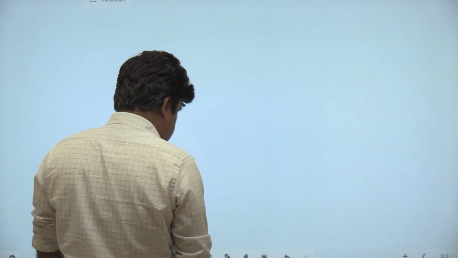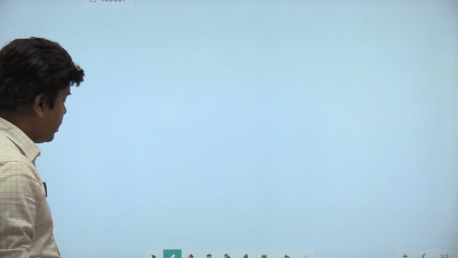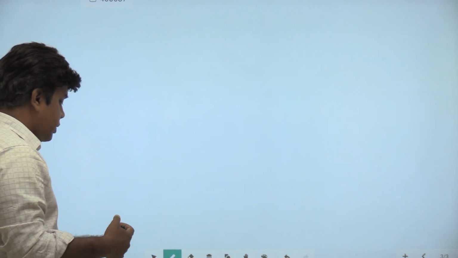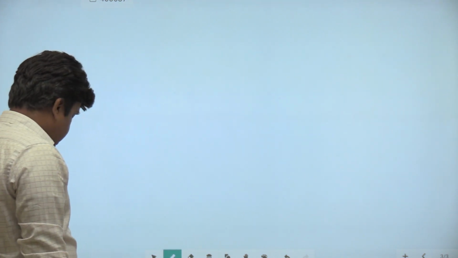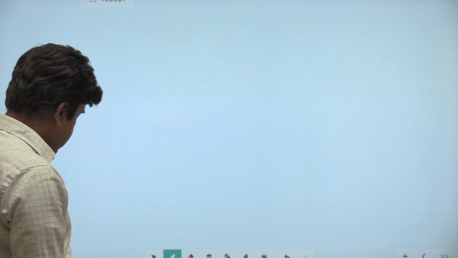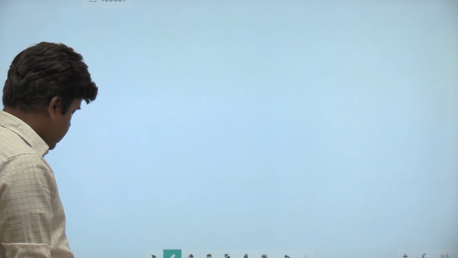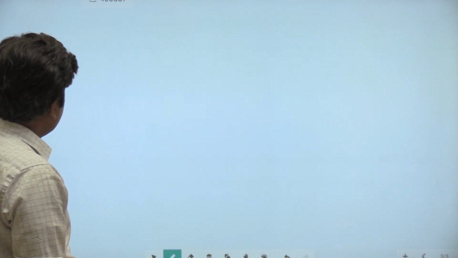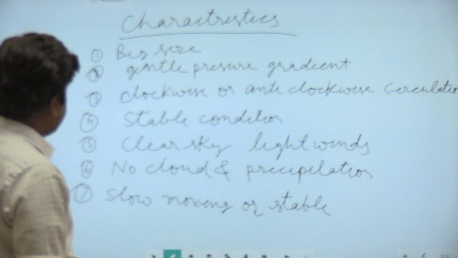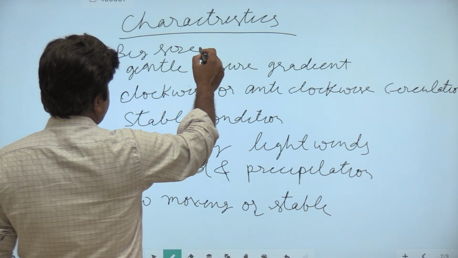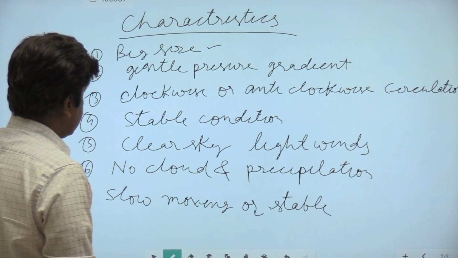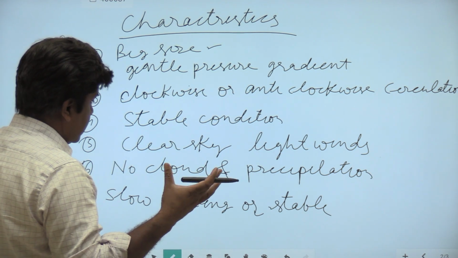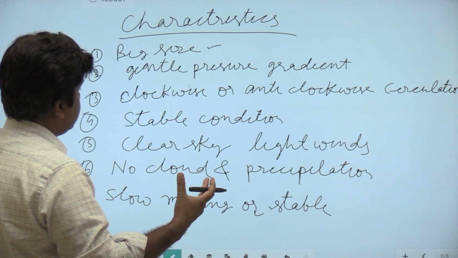Then we will talk about the characteristics, because if we compare tropical cyclones with anticyclones, anticyclones have different characteristics. The first characteristic is that their size is very big, contrary to the cyclone, whose size is very small.